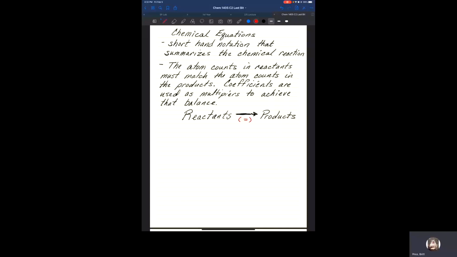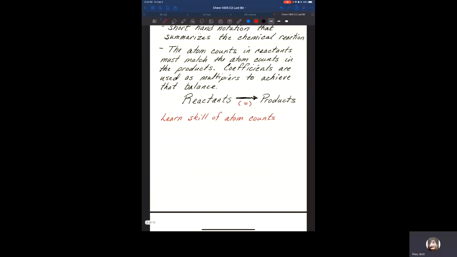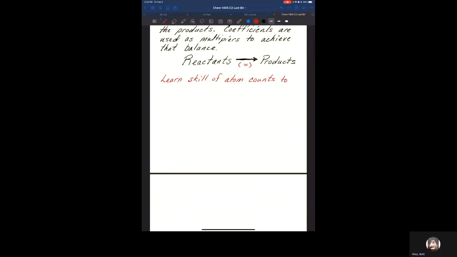So right now, we're going to build the skill of atom counts to see if we have a balanced equation. Okay.